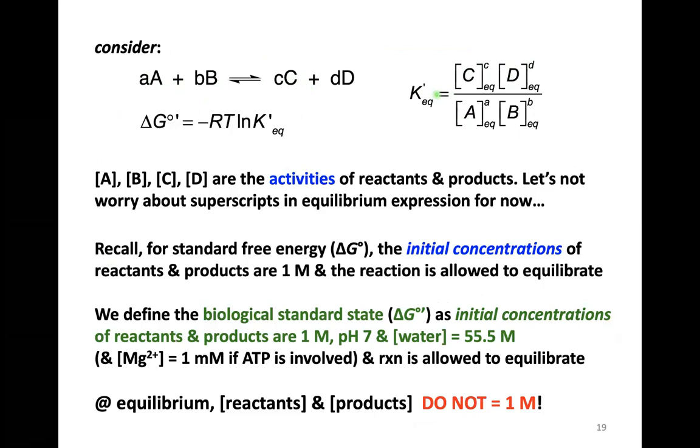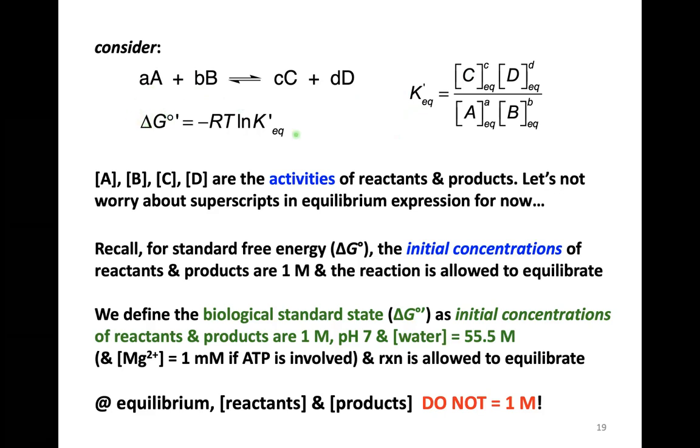These are actually chemical activities rather than actual concentrations, just as a reminder of what you encountered in quant. For the purposes of this discussion, to make it clearer, we are going to ignore the stoichiometric coefficients for now.